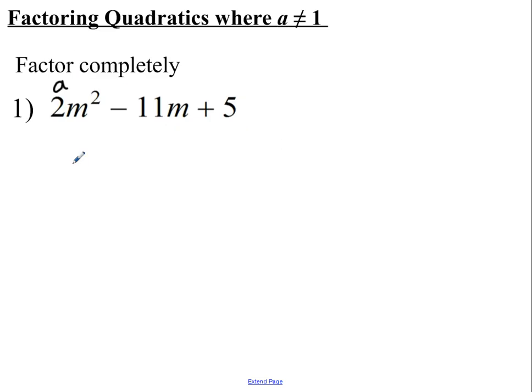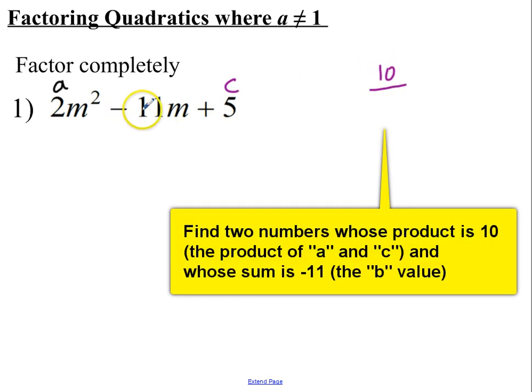Back to our original problem. We've got our a, b, and c. I need to think of what is 2 times 5, that's 10. In other words, that's the a times the c value. I need to find two numbers that multiply to be 10 and add up to negative 11.